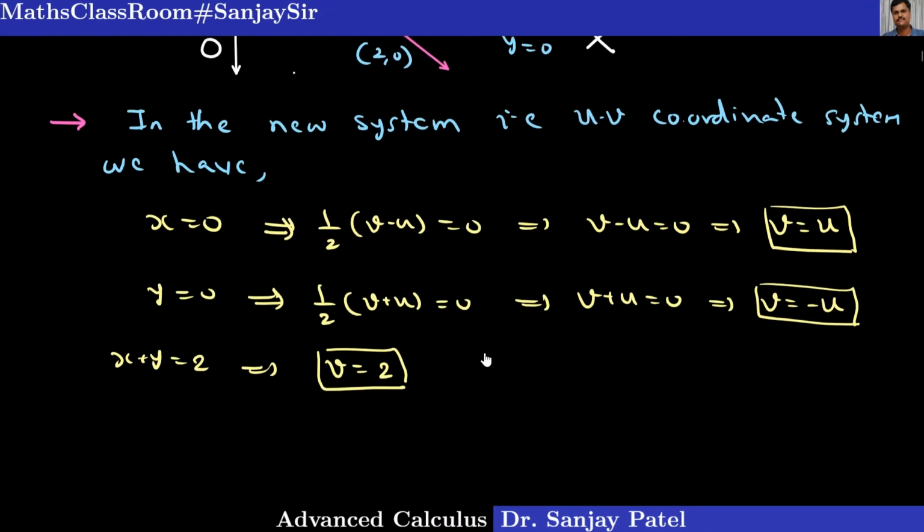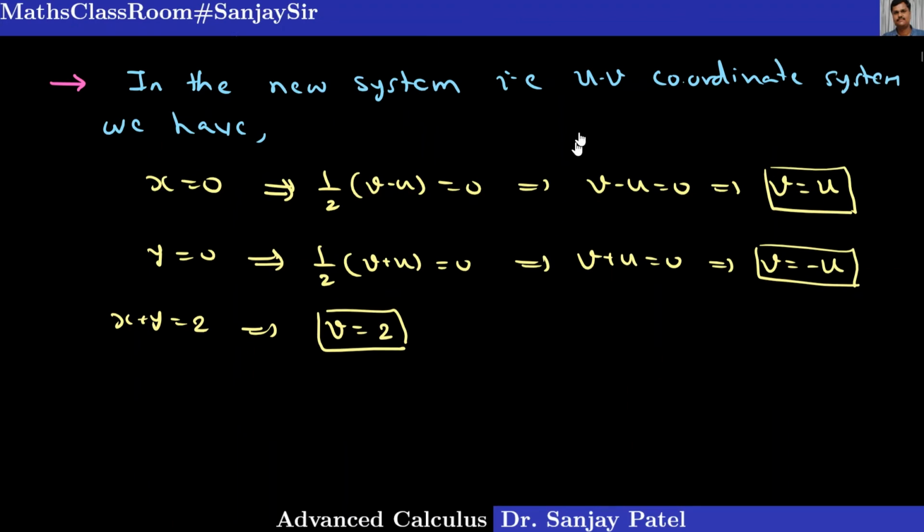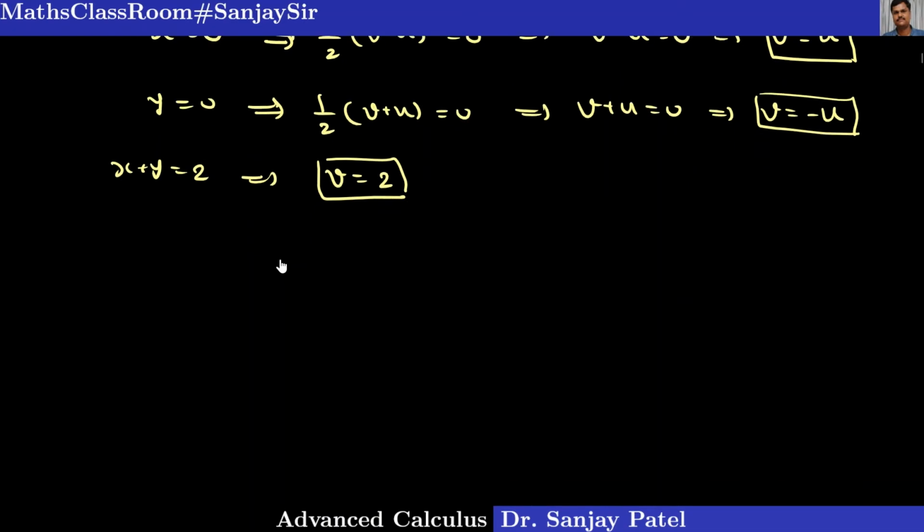Now I will draw the new region of integration in the coordinate system where variables are taken as u and v. So instead of x and y axis, here I will be having u and v axis. So let me take this way. This is my v axis.